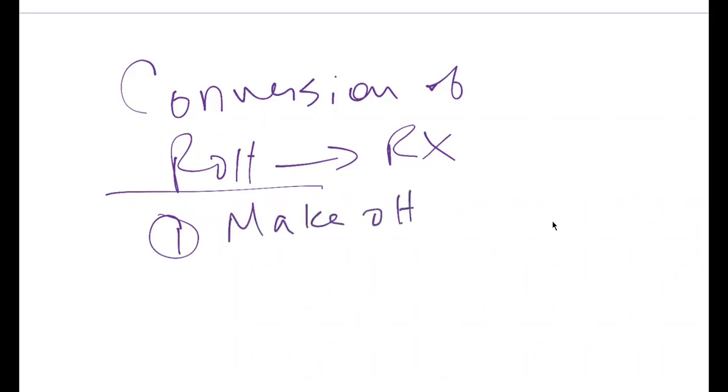Don't you have to make OH a better leaving group? And then what else do we talk about with respect to the reaction? Like, what type of reaction is it when you are converting the alcohol into an alkyl halide?